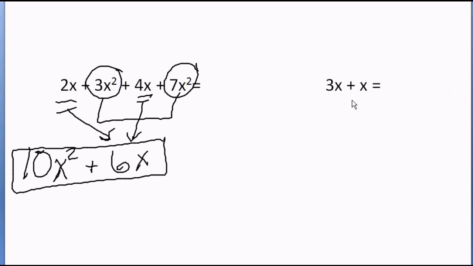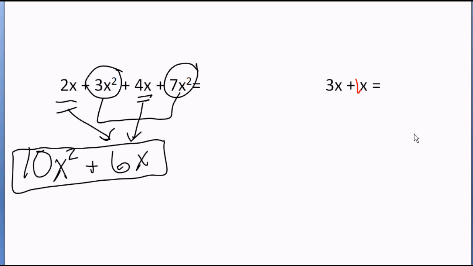Okay, over here. 3x plus x. Well, 3x plus x looks a little confusing, but it's really quite an easy problem. The only thing people don't understand is there's a lot of invisible things in math. There's this invisible 1 sitting right here in front of the x. So 3x plus 1x.